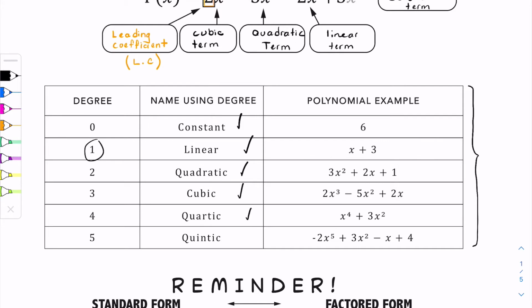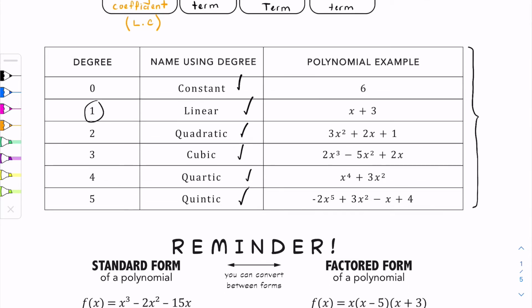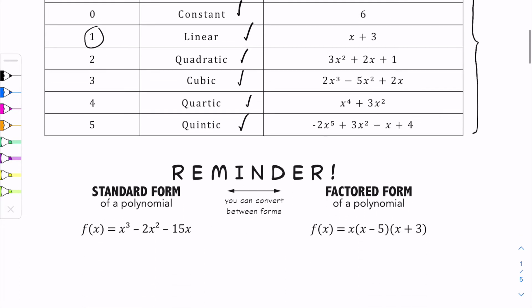Quartic has a degree of 4. And quintic is a degree of 5. I don't think I'll be talking about any functions that are higher than a quintic. So just reference this table if you hear something you're not familiar with.